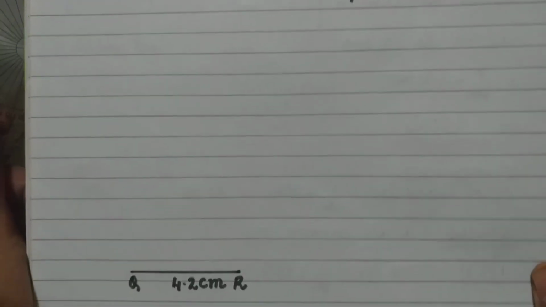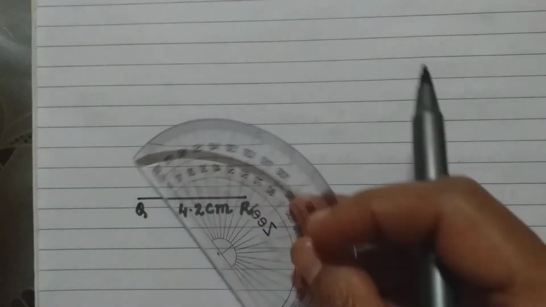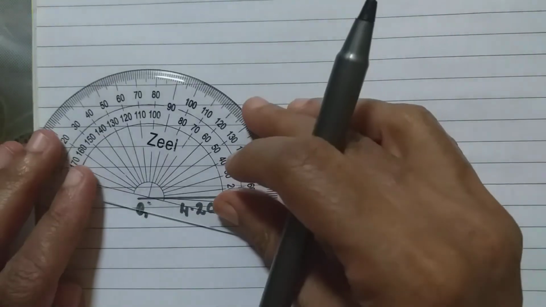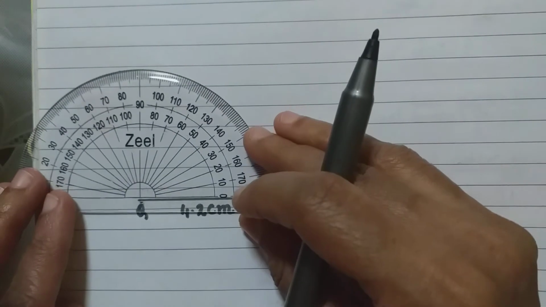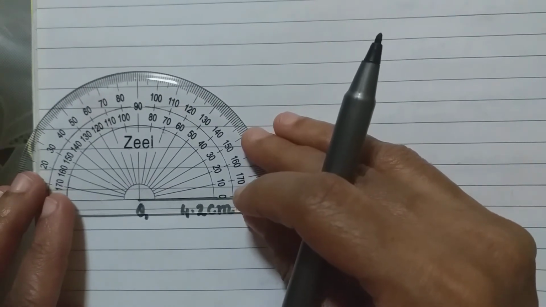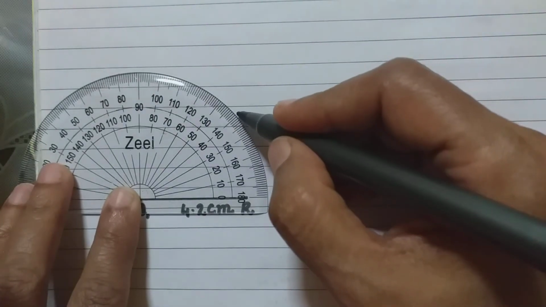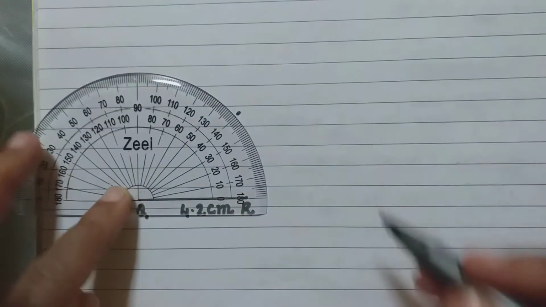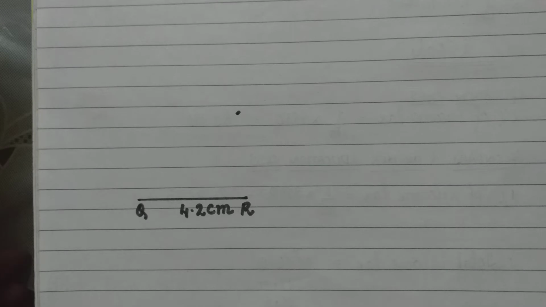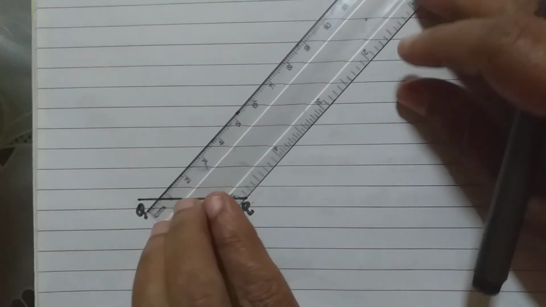So we keep the protractor at Q and mark 40 degrees. Okay, now we draw a ray passing through this.